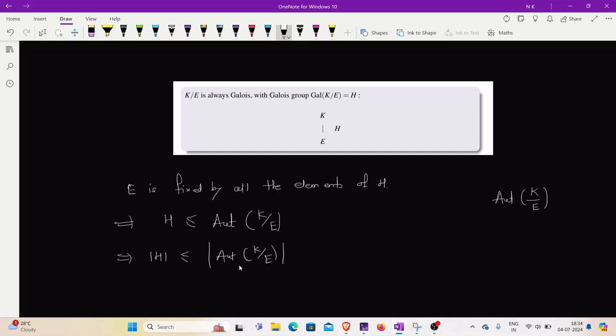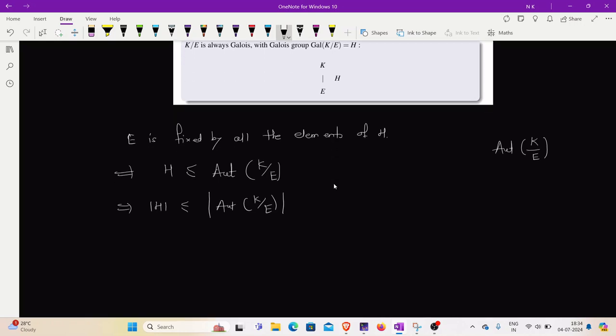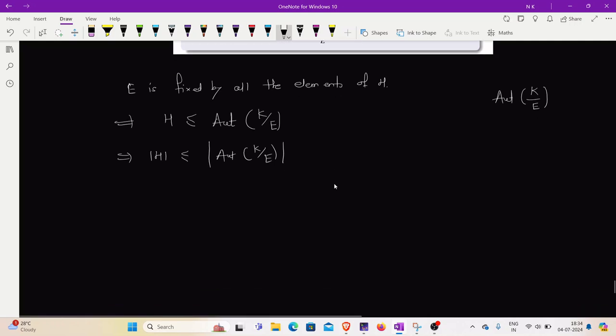That's the one point. But we already know that the number of automorphisms of K over F is less than or equal to the degree of extension of K over F. So if we apply that result, then definitely the cardinality of the automorphisms of K over E is less than or equal to the degree of extension of K over E, right?